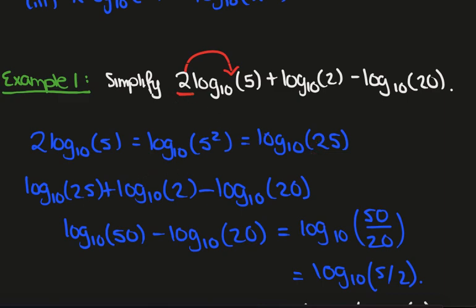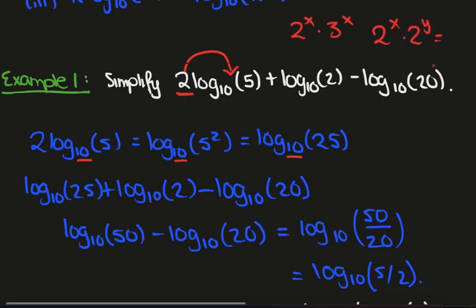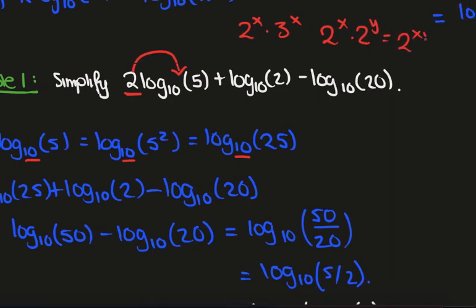You can't simply go 2 times log 10 of maybe 20, 10. You need to bring it up. And you also need to worry about the bases. The bases need to be the same, right? If I do 2 to the x times 3 to the x, I can't simplify that really. But if I have 2 to the x times 2 to the y, then I can use my exponential laws and say that it's 2 to the x plus y.